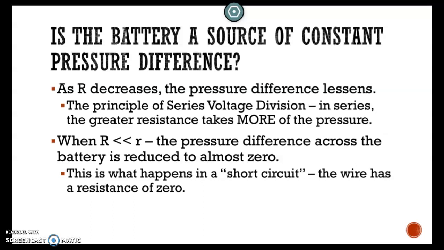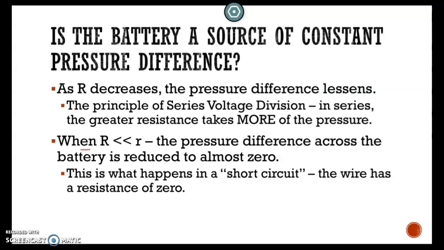So as the resistance of the battery and the resistance of the circuit get closer and closer together, the big R, the circuit, starts to take up less of that pressure difference, and the battery itself actually starts to eat its own pressure away, kind of, because its resistance is starting to get big compared to the rest of the circuit.